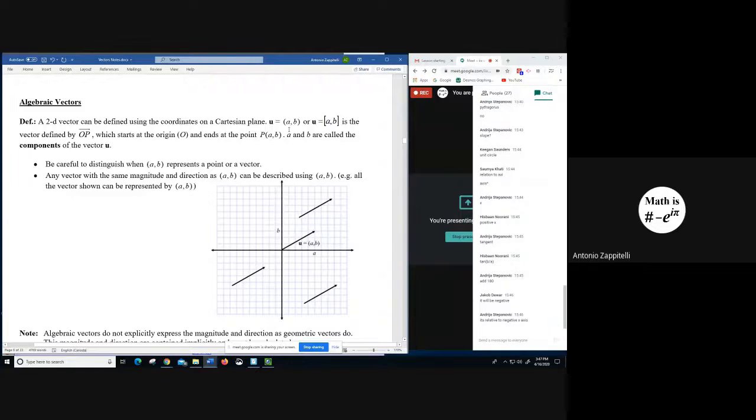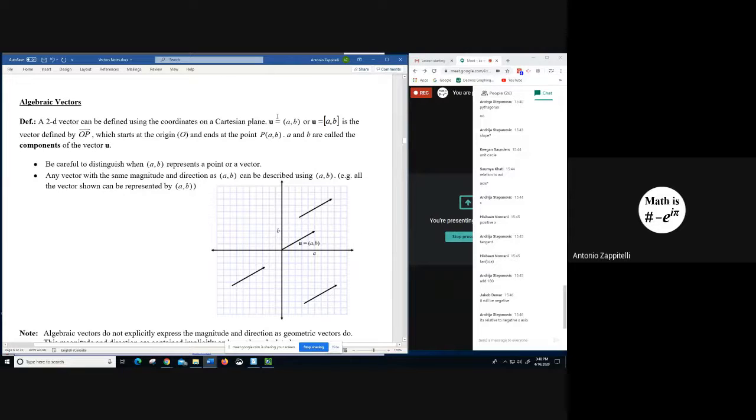Thinking of vectors in terms of vectors on a Cartesian plane or Cartesian 3 space is what we refer to as algebraic vectors, as opposed to what we were working with before, which was geometric vectors. For a geometric vector, we give you the magnitude and direction explicitly. With an algebraic vector, it's given using coordinates on a plane, or as you'll see a little later on, 3 space.